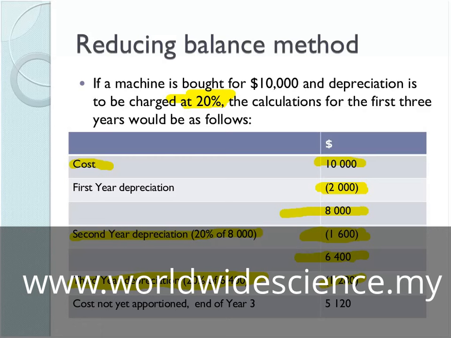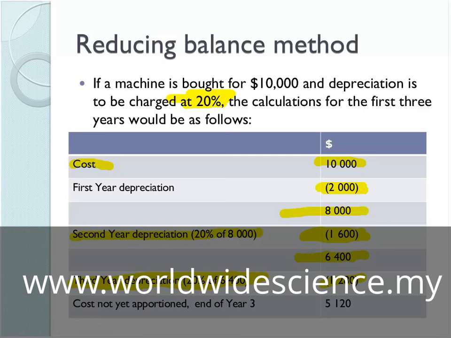So this is the reducing balance method. What does that mean? Of course, we do depreciation every year, right? We must calculate our depreciation every year, but in the reducing balance method, we must deduct the last figure from the depreciation, like how much we get from the first year number 1.